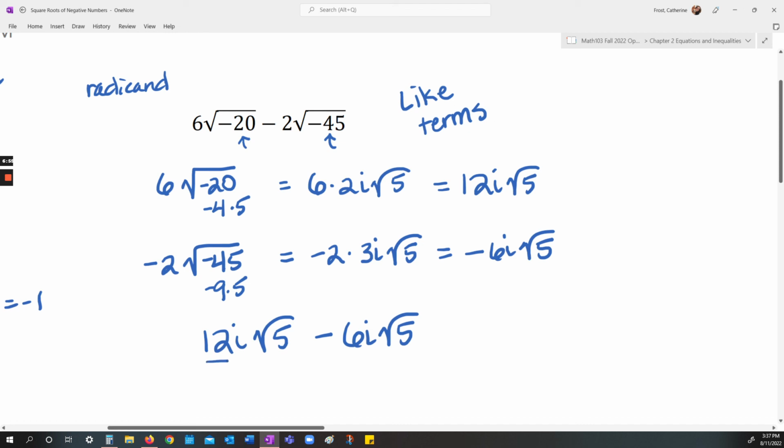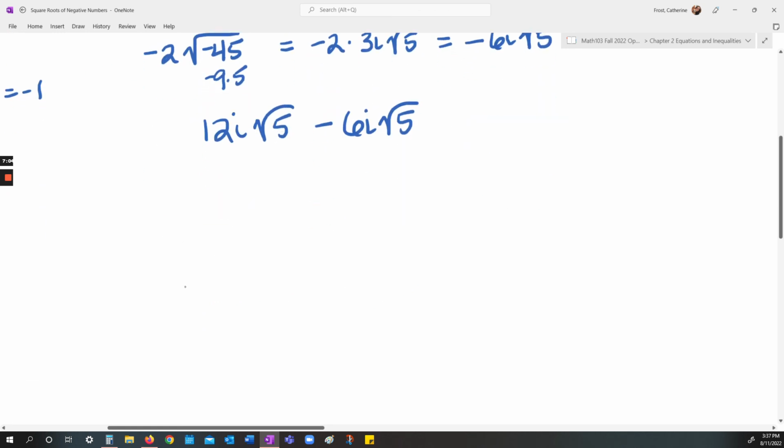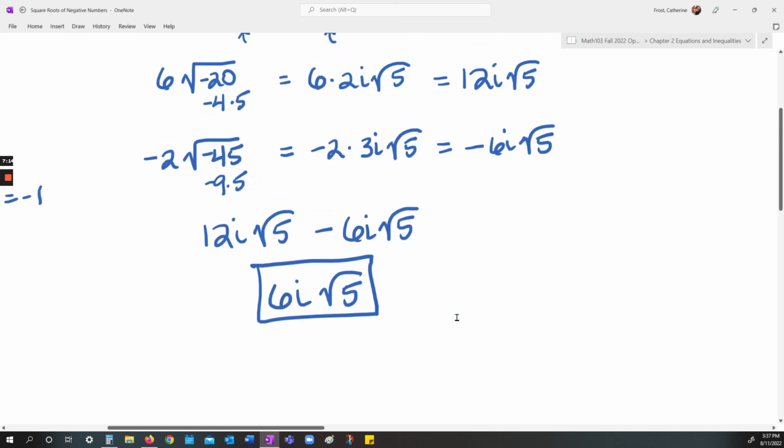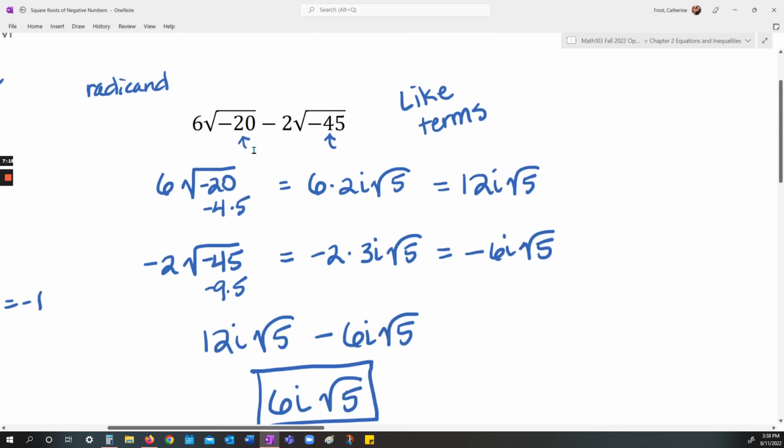So we can think of the 12 and the 6 as being our coefficients that we're going to do the subtraction with. 12 minus 6 is 6. So we get 6i times the square root of 5. For any of these problems where you have square roots of negative numbers floating around, just simplify them first, and in particular, bring square root of negative 1 out as i.